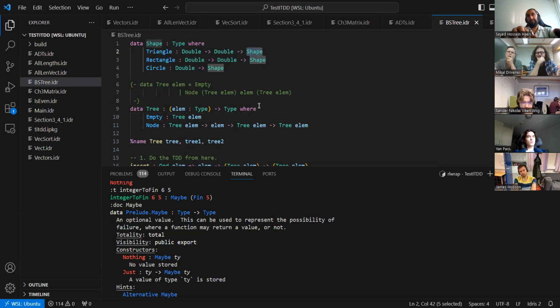Whereas here, for the case of tree, we can still return a tree, but that can be a tree of another element type. Right? Now that's how people usually do GADTs.